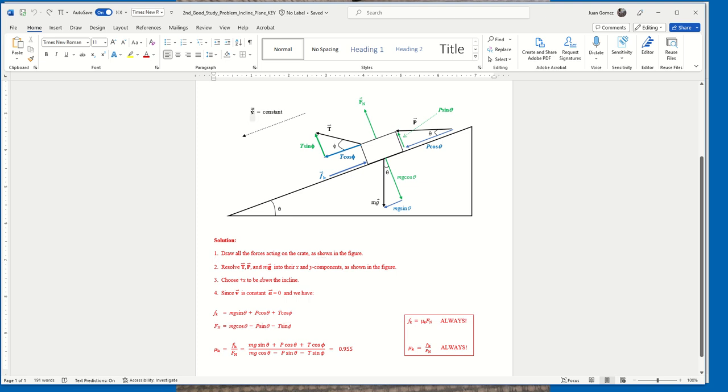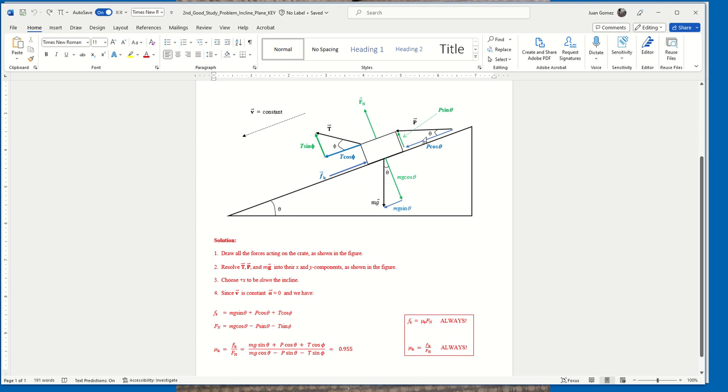Because again, v equals constant, meaning there's no acceleration. So Fn plus P sine theta plus T sine phi must equal mg cosine theta, or Fn equals mg cosine theta minus P sine theta minus T sine phi.